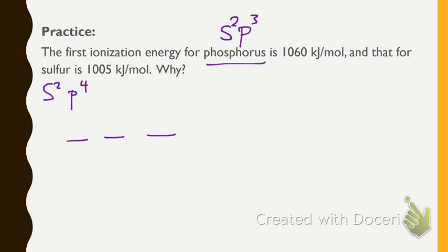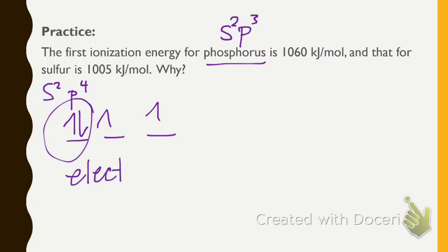So in that p shell, 1, 2, 3, 4, it's our first time we've paired it up. And what do we have when we have two electrons together? Electron-electron repulsion. Because of that repulsion, there is a slight decrease in the energy, because it's trying to minimize that repulsion, and so it takes less energy to remove it.